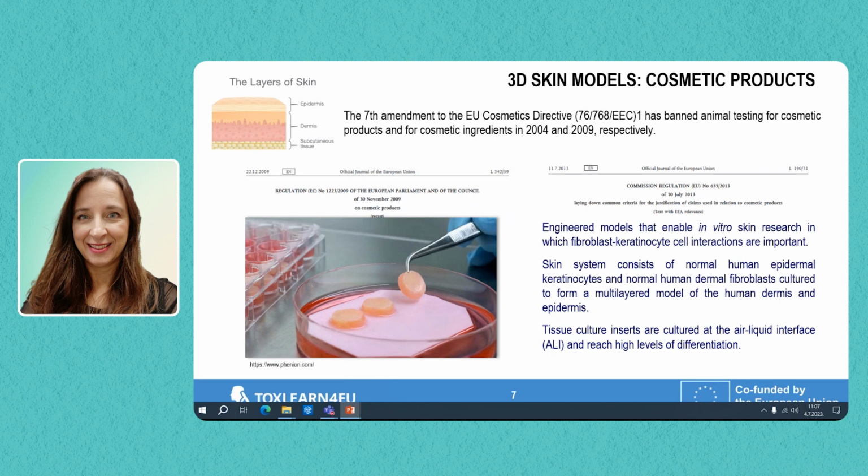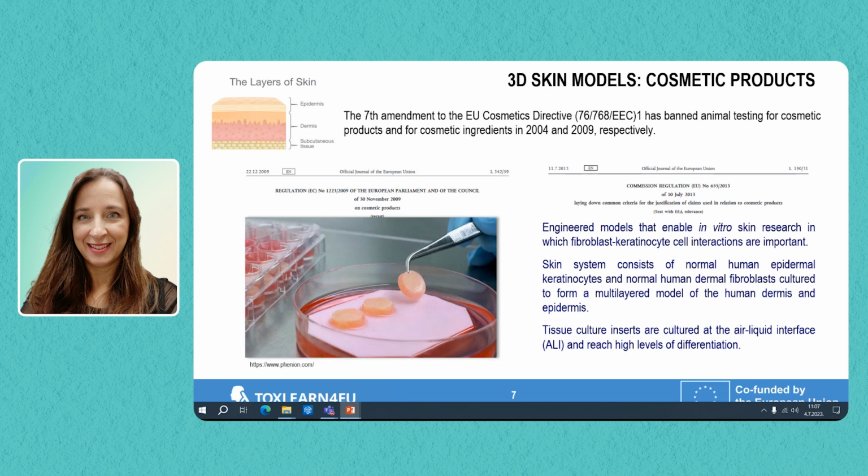And these cells are obtained at, let's say, plastic surgeries, mostly beauty procedures. Abdomen, for example, is the best because we have a large surface there.